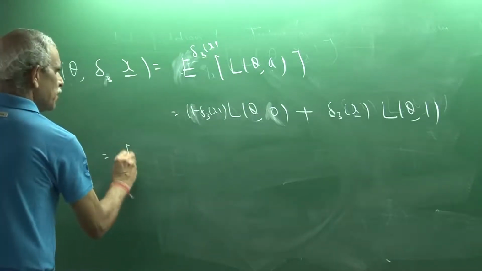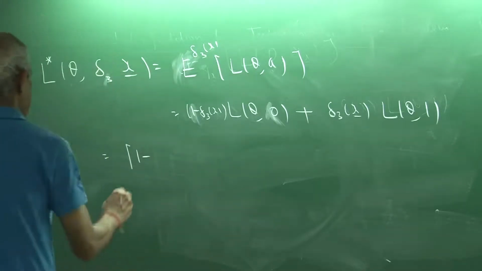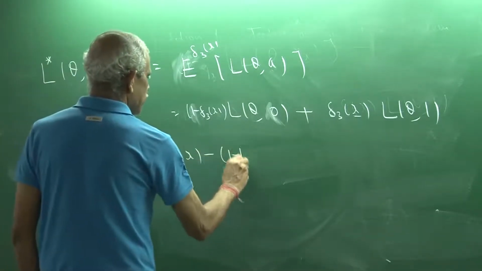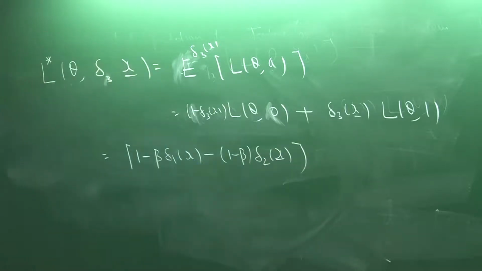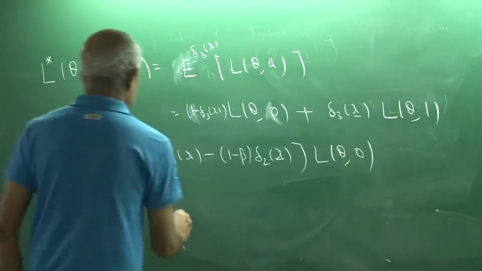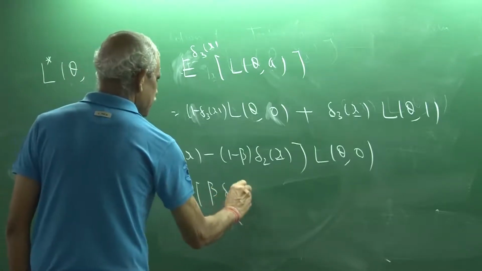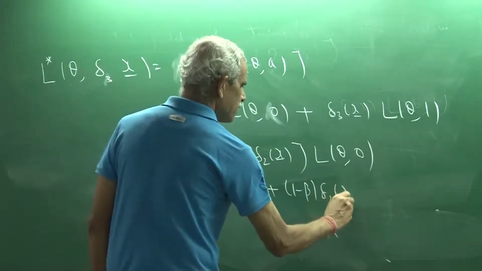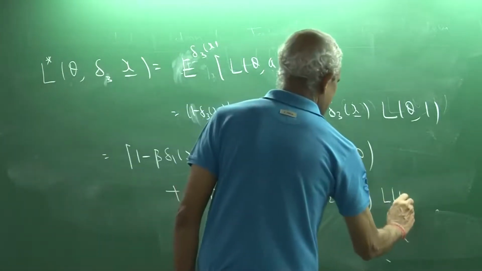So 1 minus delta 3x is the same as beta times 1 minus delta 1x plus 1 minus beta times 1 minus delta 2x, times L theta 0, plus delta 3x, which is the same as beta times delta 1x plus 1 minus beta times delta 2x, into L theta 1.